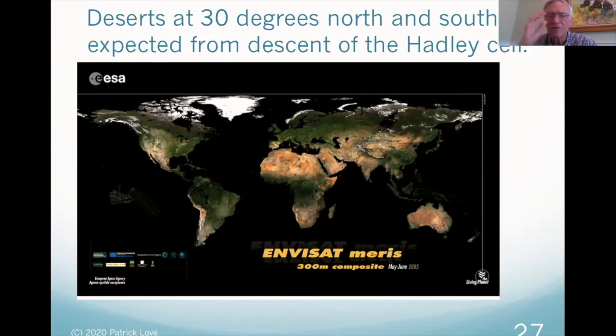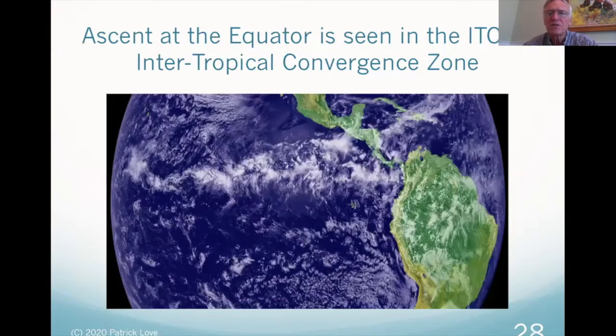Now you see other things at 30 degrees north that aren't deserts because they're affected by the way the circulation works with local water sources. Like the Gulf of Mexico keeps the southeast United States fairly green because of storms coming off the Gulf. The other thing you expect, or see, is this band of clouds across the equator. This is the effect of the ascent at the equator.